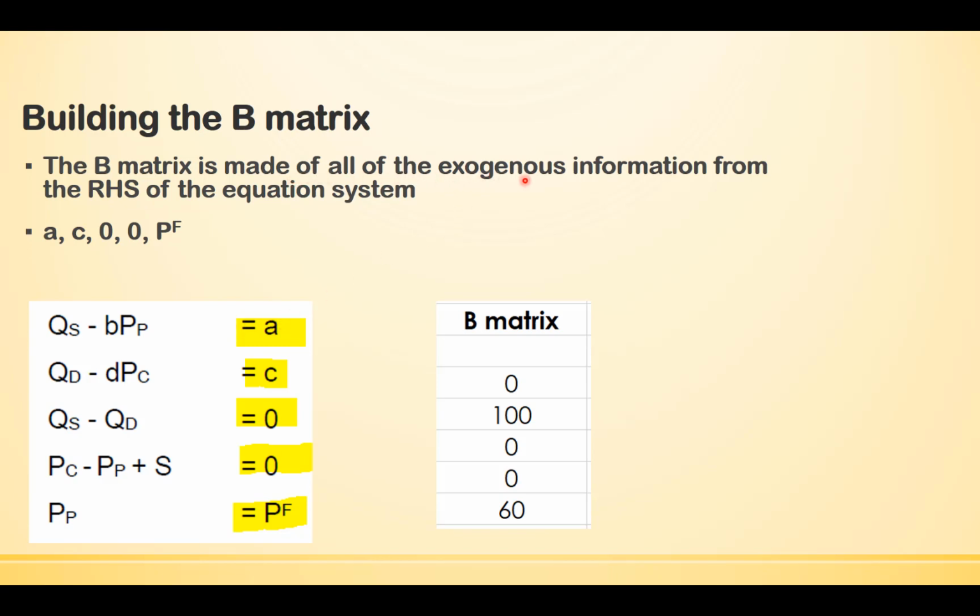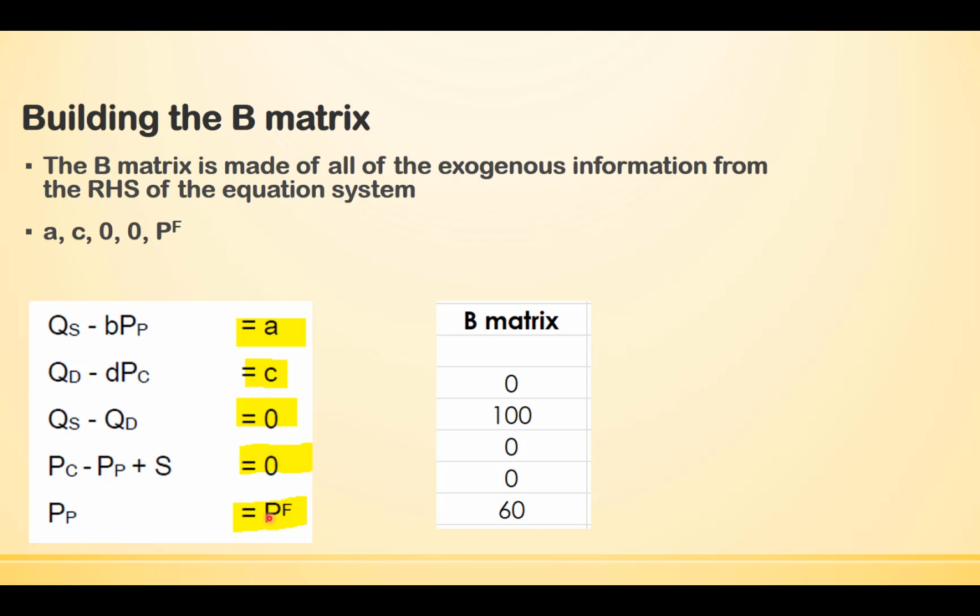Okay, so the B matrix is just this exogenous information from the right hand side of the system, and if you look, you see that it looked like this. In the first equation, the supply equation, the intercept got moved to the right hand side. Same thing for the demand equation, we have the intercept C on the right hand side. Market clearing and the price linkage equations, there's nothing over there, so we just have zeros.